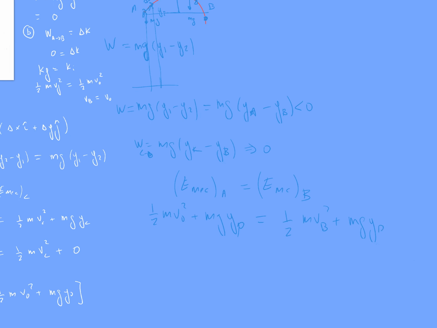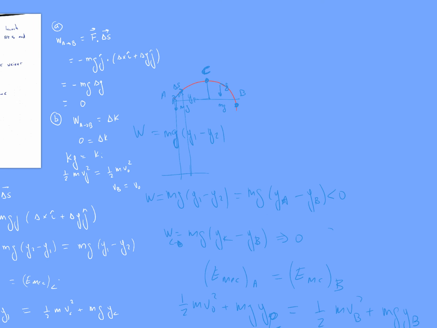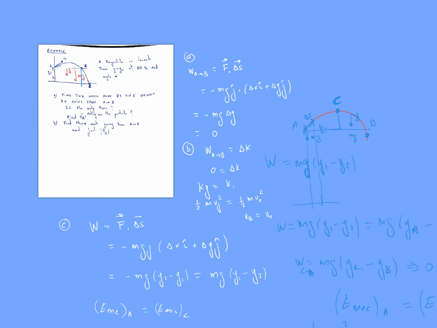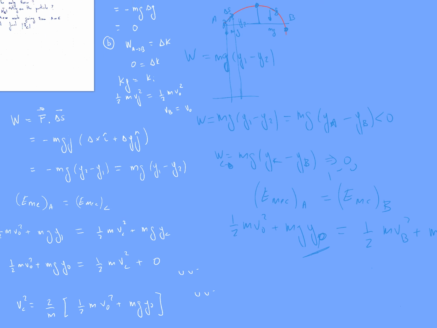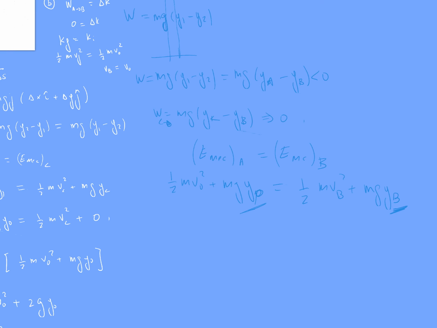But what happened here is that yv is equal to y0. You see here in the picture that this height is the same as the height here. Y0 is the same as yv. So applying conservation of energy, this will cancel with this because yv is equal to y0.